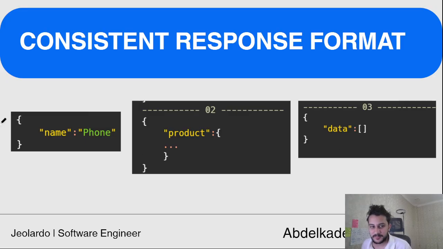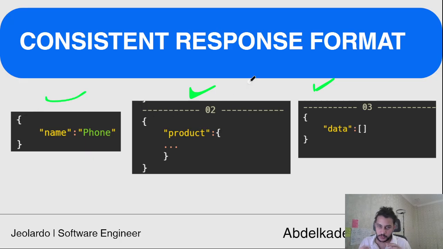But the problem here, look at this structure: this one is named product, here it is named data. So this is really wrong if you use each one for a different resource, for example, this you use for user, this you use for product, this you use for category.